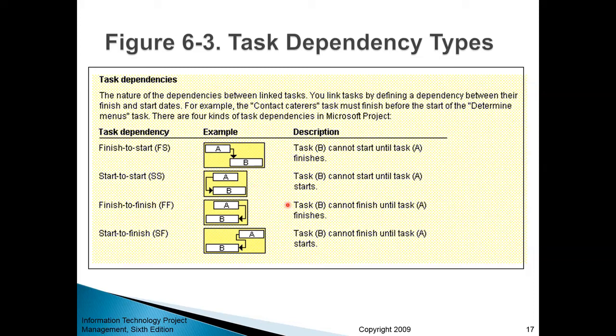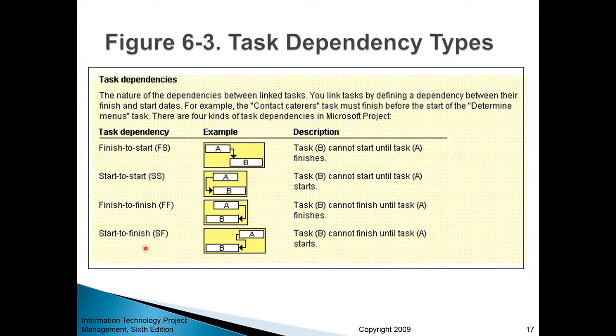So pause for a second and think about an example. One example that I see, maybe it's a bit too high level, is that task B can be monitoring and controlling, and task A could be the entire project, right? So monitoring and controlling, task B, cannot finish until you finish the project, right?